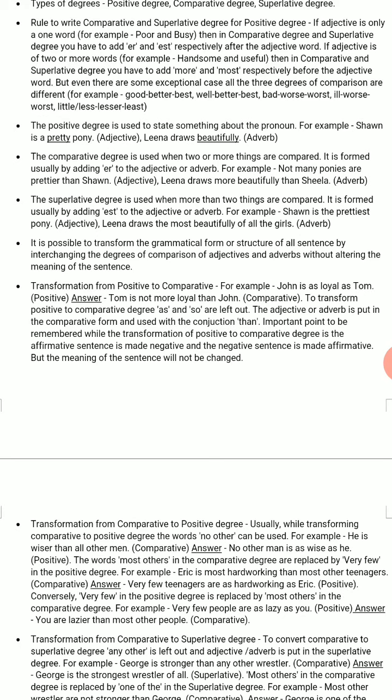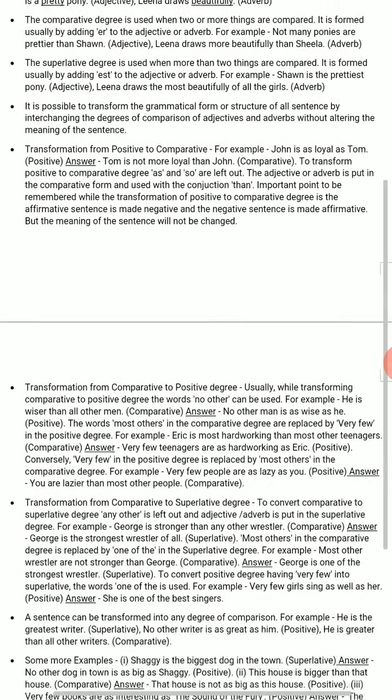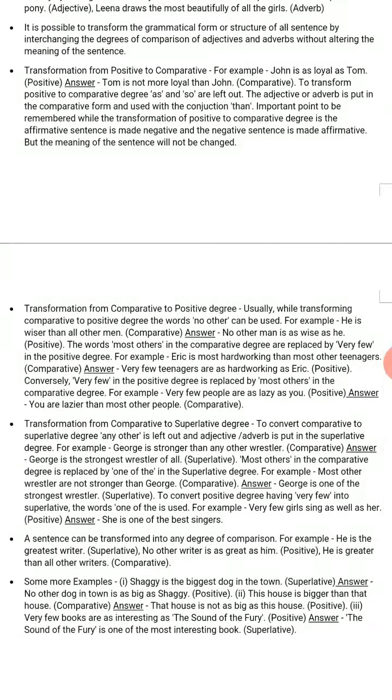Eighth point, when transforming comparative to positive, the words "no other" can be used. The words "most other" in the comparative degree are replaced by "very few" in the positive degree. 10th point, conversely, "very few" in the positive degree is replaced by "most other" in the comparative degree.